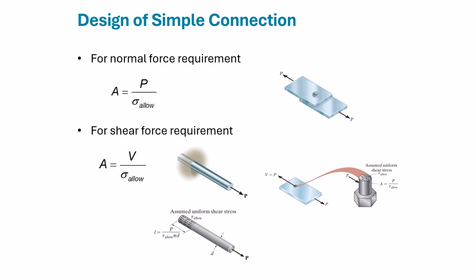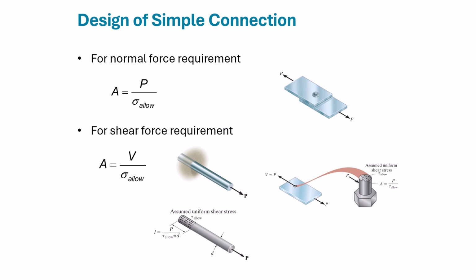So here, if we have to design some simple connection, we will use sigma allowable. This sigma allowable will be given to you: for steel profiles, there are steel codes, and you will read what sigma allowable is for you, depending on the type of profile which you are using.